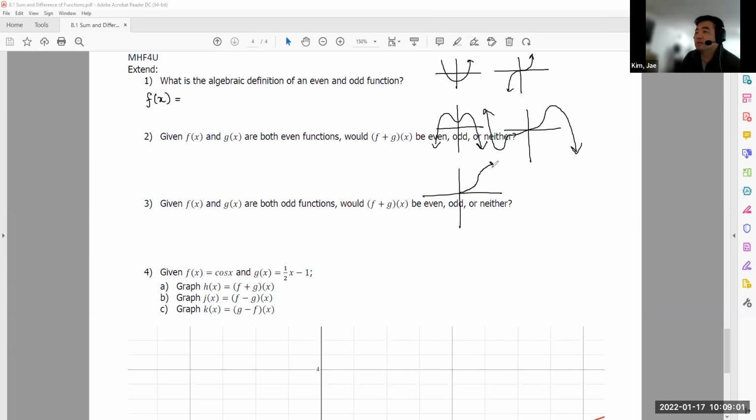This is an even function. That is an odd function. Sort of.